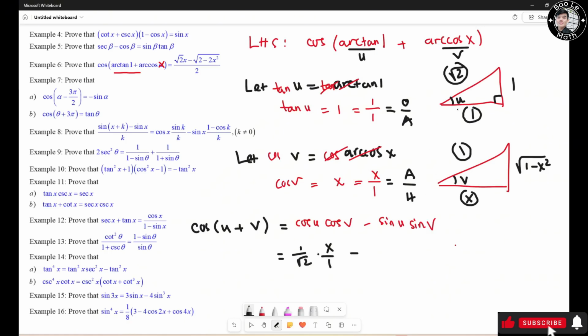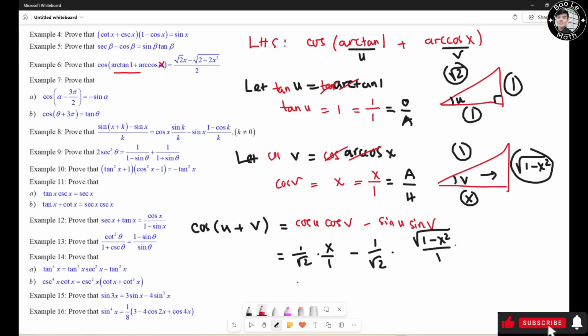Subtract sine u, which equals opposite over hypotenuse. Opposite is 1, hypotenuse is root 2, right? So 1 over root 2. Sine v is going to be opposite right here over hypotenuse, which is the square root of 1 minus s squared over 1.